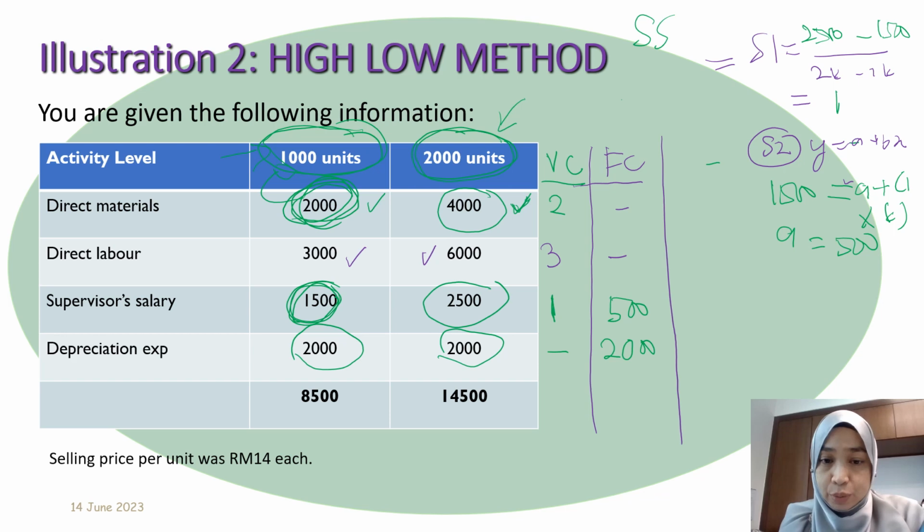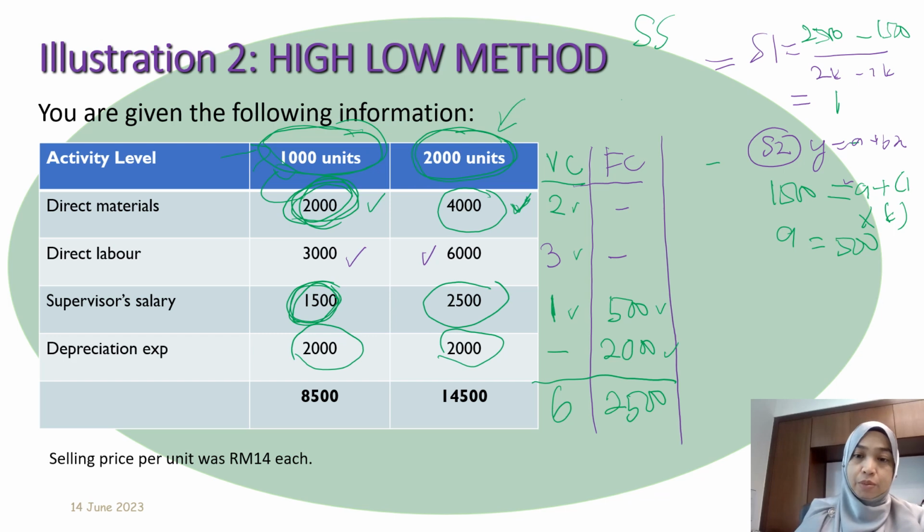When you do step 2 for depreciation expense, you will get a value of 2000 ringgit. Okay, finally, total up. Total variable cost is 2 ringgit plus 3 ringgit plus 1 ringgit, equivalent to 6 ringgit. Total fixed cost is 500 plus 2000, which means 2500.